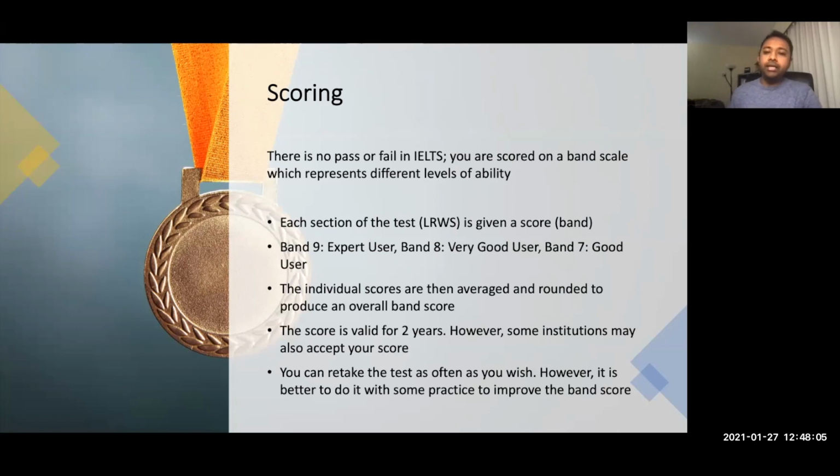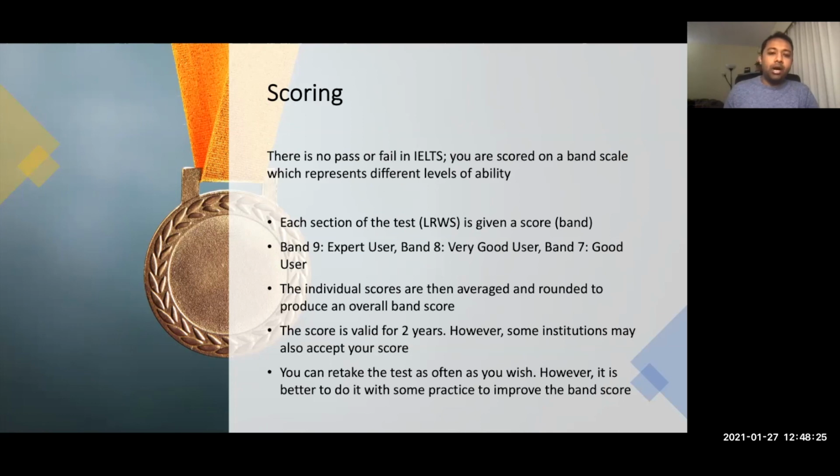And then every time you write the test, it's valid for 2 years. However, some institutions also accept your score even if it is more than 2 years, but generally speaking, it's for 2 years. And you can retake the test as often as you wish.